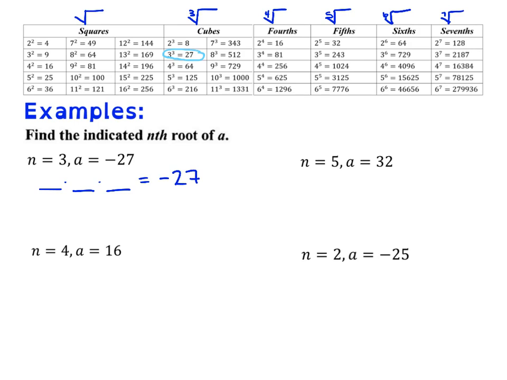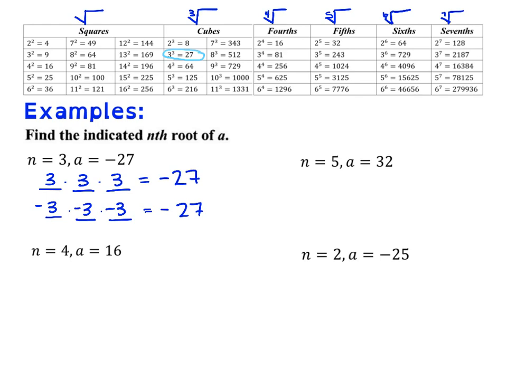I need to check both positives and negatives always, so really I'm doing each of these twice. Is 3 times 3 times 3 negative 27? Is negative 3 times negative 3 times negative 3 negative 27?